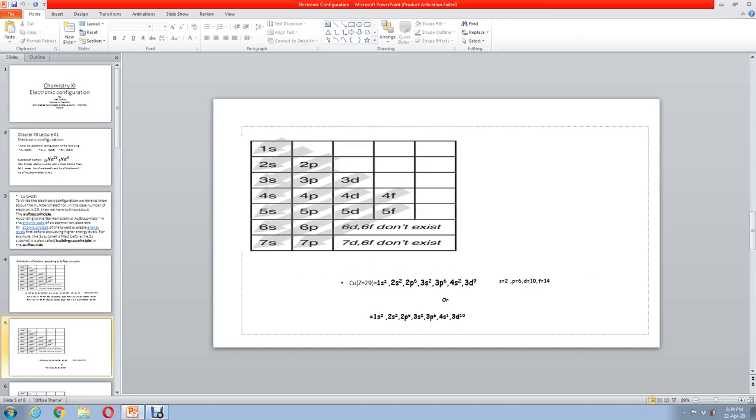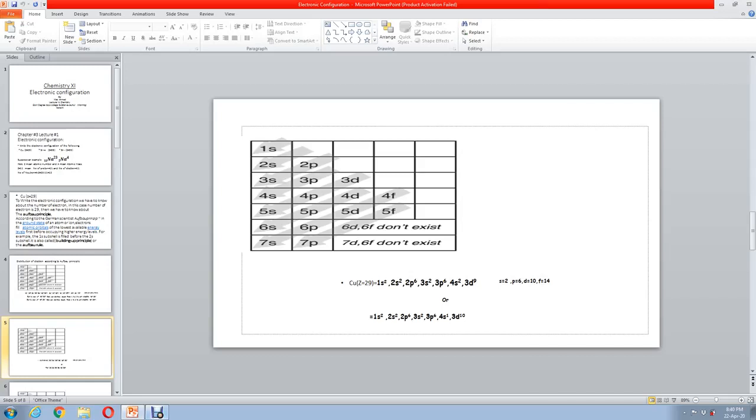Now we are going to start writing the electronic configuration of copper. Z is equal to 29, which means there are 29 electrons. First we write 1s2, 2s2, 2p6, 3s2, 3p6, 4s2, 3d9.